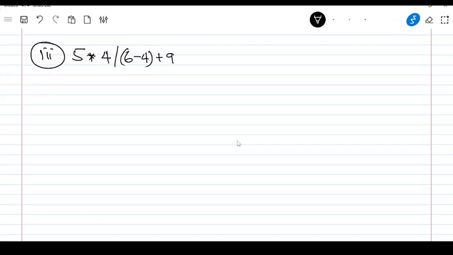Okay, so let's solve the second one now. So the second one is we have 5 times 4 divided by the parenthesis 6 minus 4, right, plus 9 minus 4 times 2 divided by the parenthesis 5 minus 1 times 3, right?